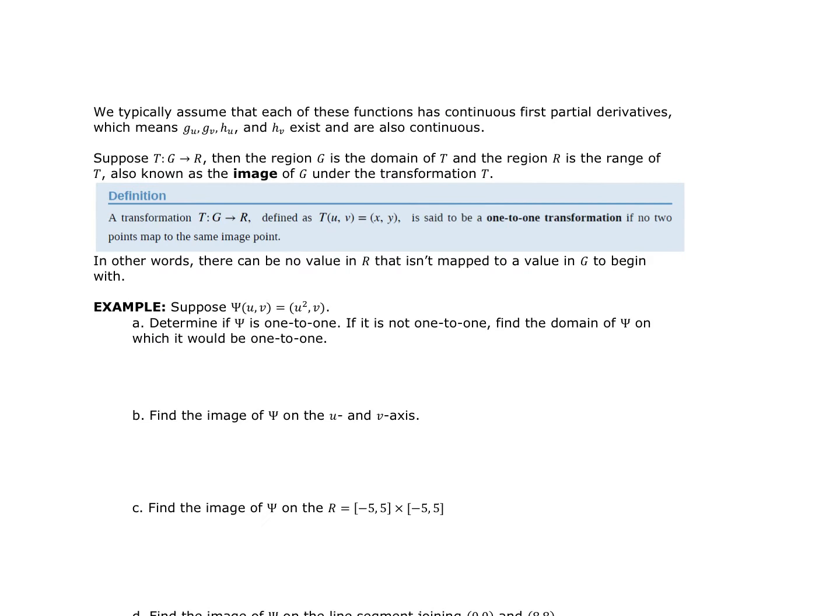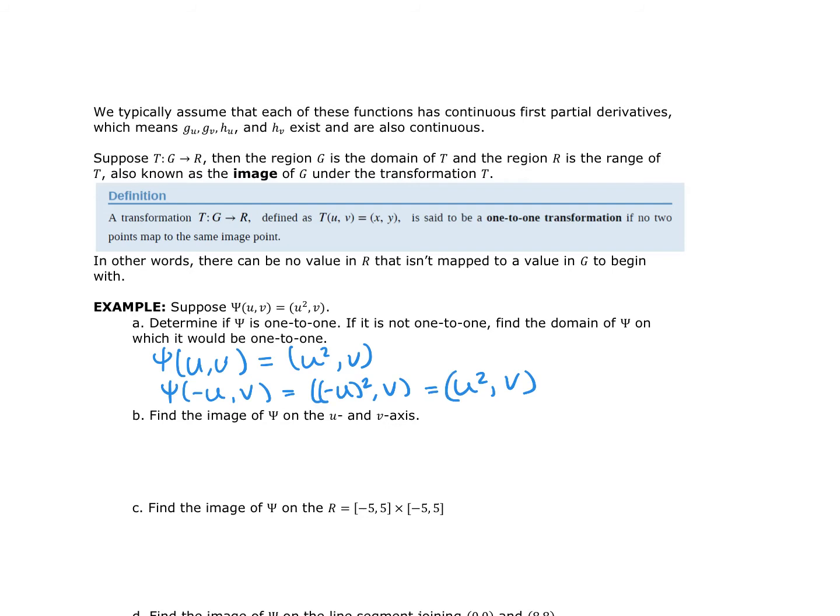So now we're going to try to determine with this example whether or not it's one-to-one. Well, okay. Suppose we have phi of u, v, which goes to u squared v. Now suppose my u is a negative number, but it's also going to be mapped to negative u, the quantity squared, times v, which is the same thing as u squared v.